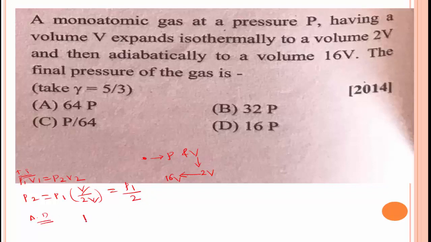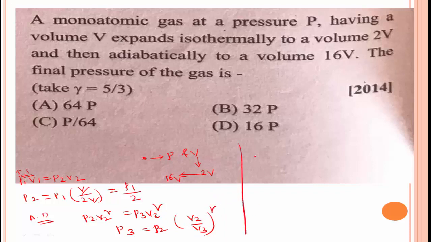In the adiabatic process, P2 V2 to the gamma is equal to P3 V3 to the gamma. Using this formula, we get P3 is equal to P2 into V2 divided by V3 whole to the gamma.